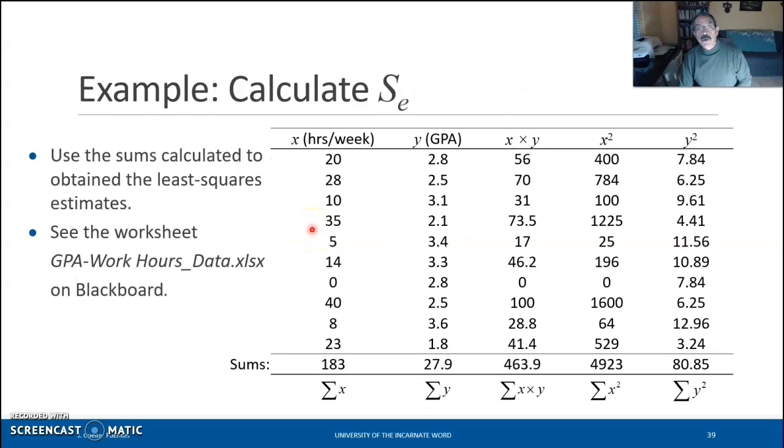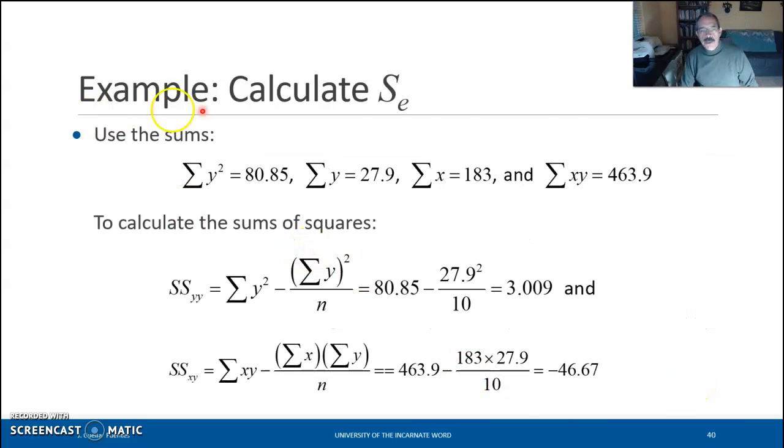All right, so let's go back to the example that we've been working with and see how we calculate the standard deviation of the residuals. Again, this is the same table that we used before where we calculate these different sums. Once you have the sums calculated, which are right here, you can use them to calculate the sum of squares of the y's and the sum of squares of the xy's. We plug the sums into these equations and find these values.